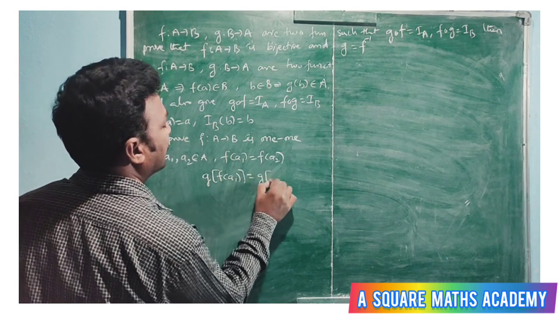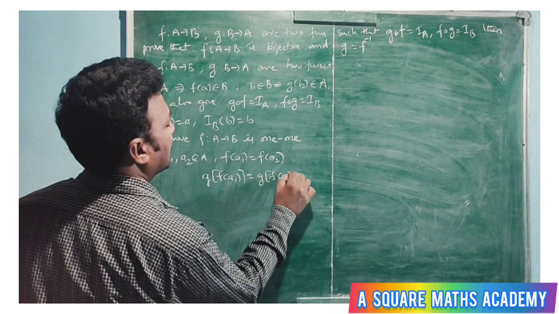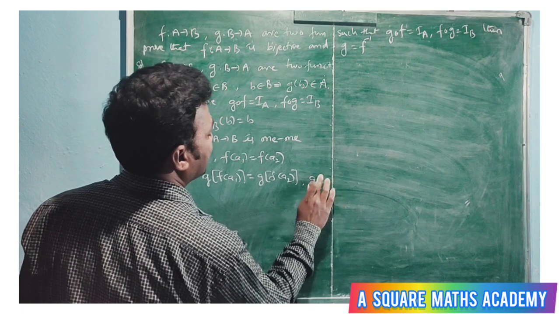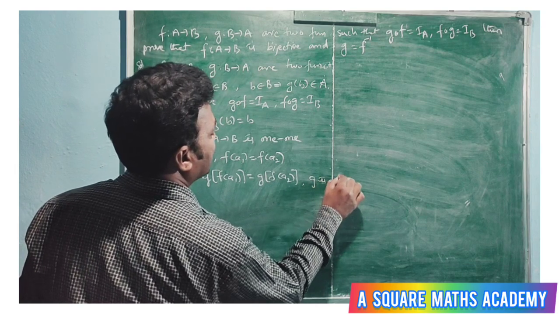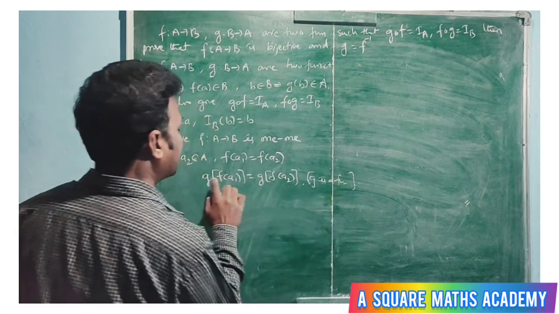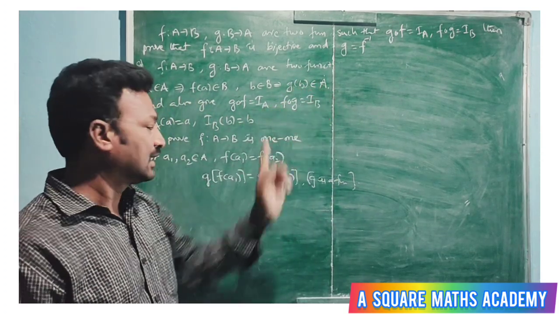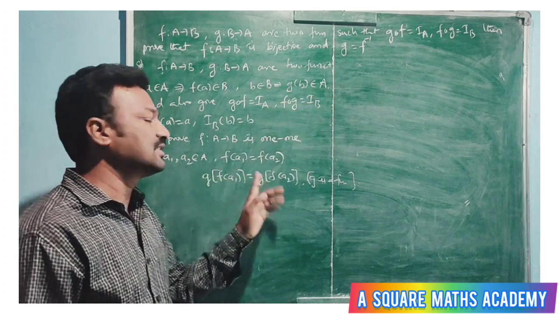Why? Because g: B to A is a function, so this also exists, and g of f(a) belongs to A. So that's why g of f of a1 equals g of f of a2.